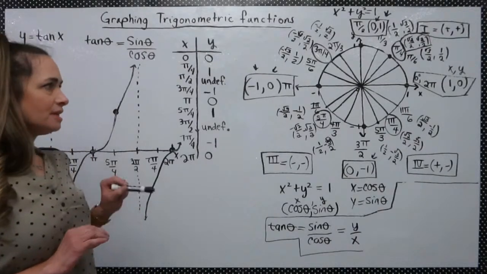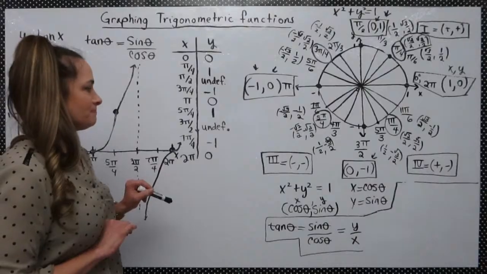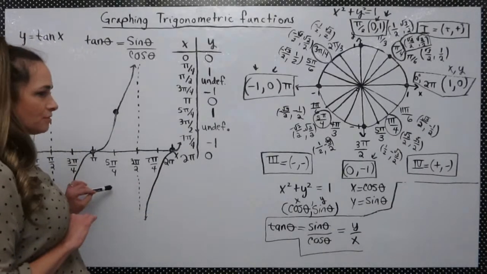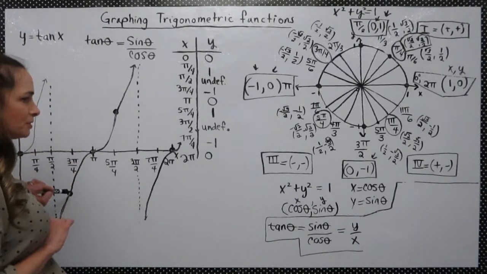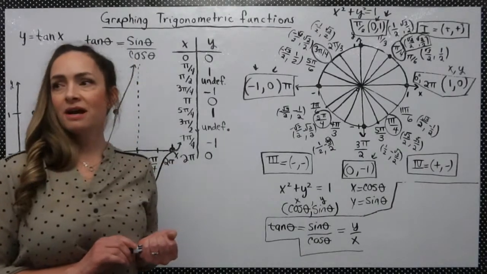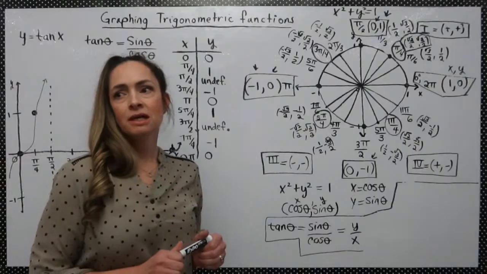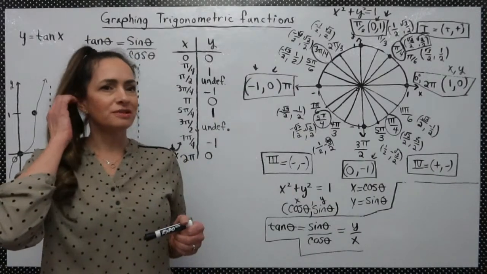So at the very end of the session yesterday, I ended with the graph, a really poor sketch of the tangent function. And I also realized that I didn't talk about the period of the tangent function or the domain and range.